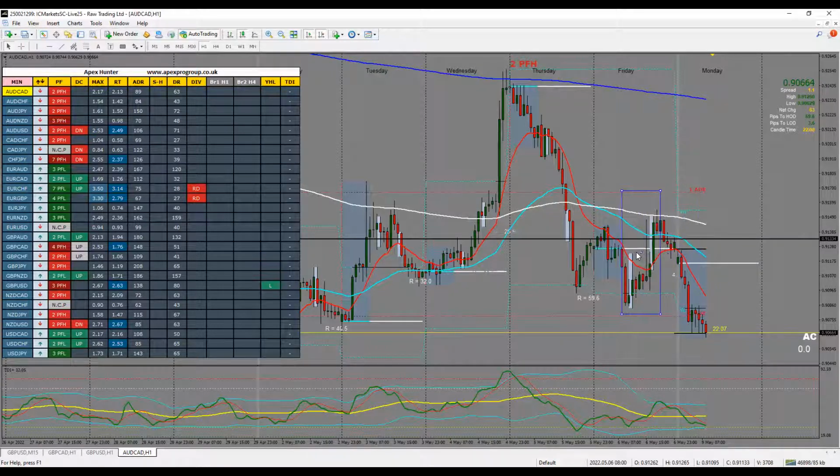Sometimes you can mark them with a box, or you can use a trend line and make it 89 pips or whatever you want to do. If you want to use ADR, remember the ADR is like a guide.